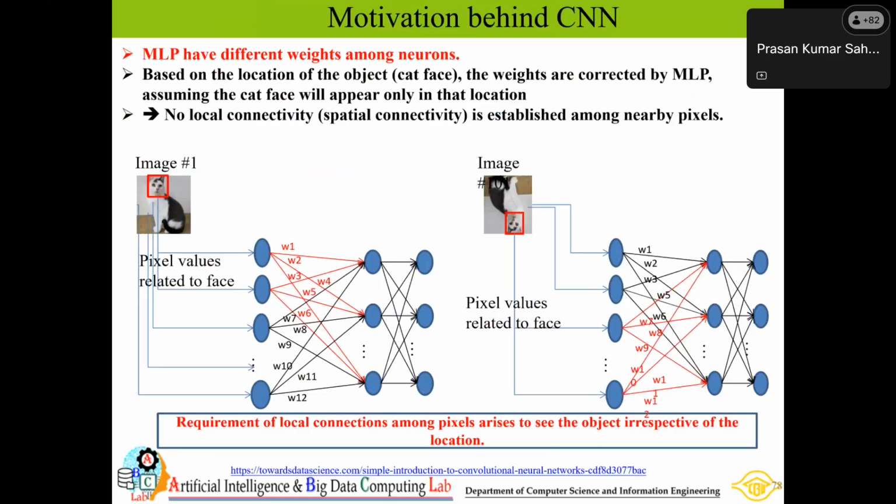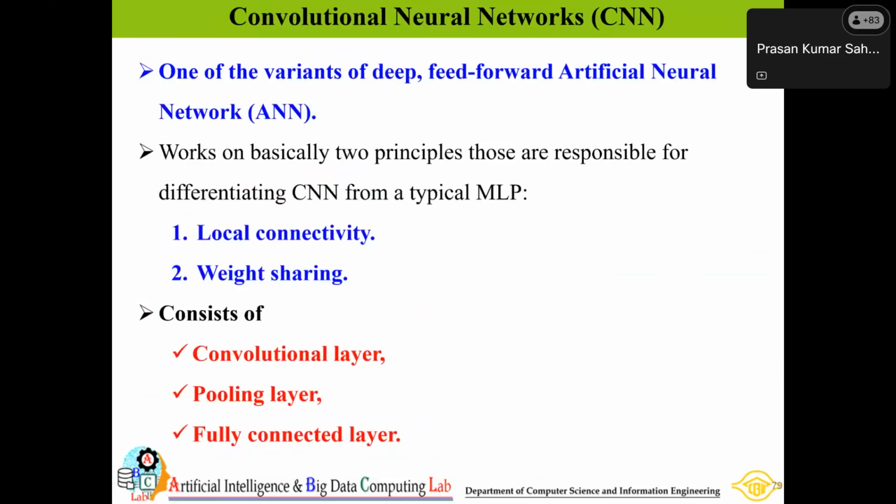This is a comparison related to local connectivity. The convolutional neural network is a variant of the deep feed forward artificial neural network that works on basically two principles, which differentiate CNN from the typical multi-layer perceptron: local connectivity and weight sharing.